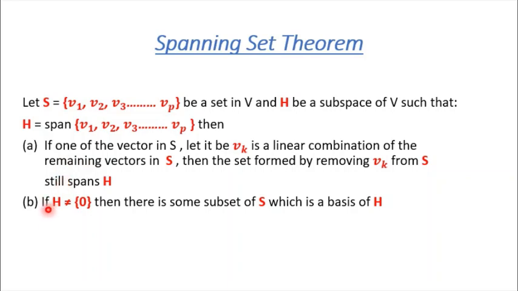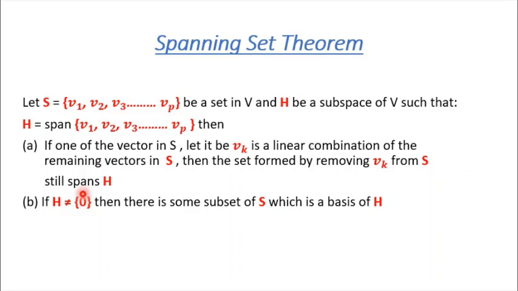Second one is, if H is not equal to the set containing 0, that means H has vectors other than the 0 vector, not just a 0 vector. Because if H has only the 0 vector, then there is nothing to do because it is a 0 space. There is no meaning for basis for this.